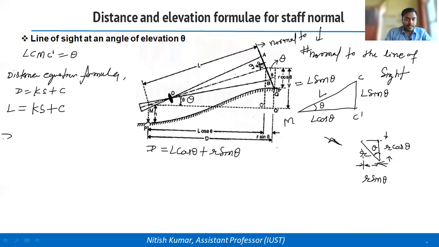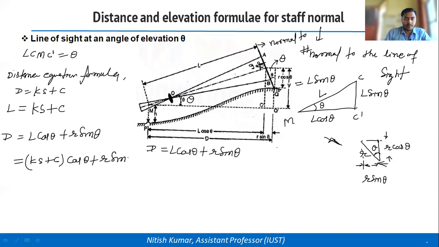Now we can calculate D, that is L cos theta plus R sin theta. Put the value of L, so we will get Ks plus C into cos theta plus R sin theta, right?